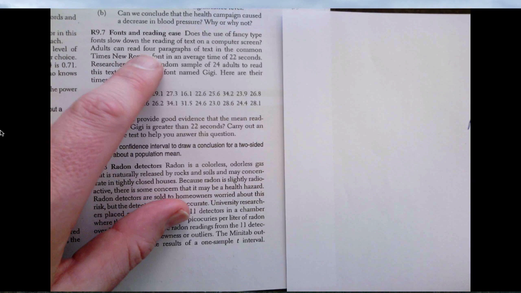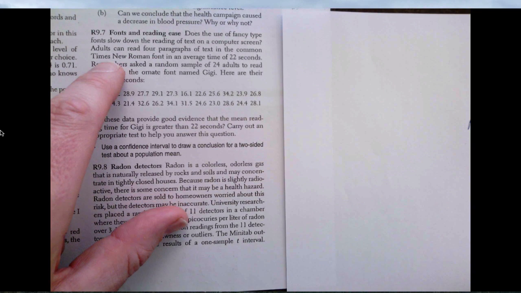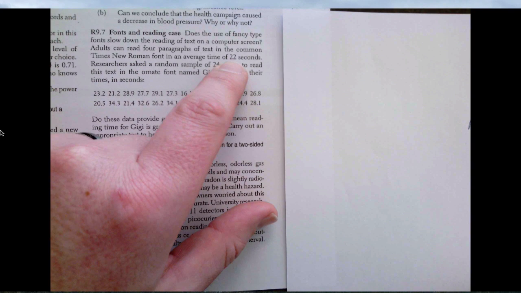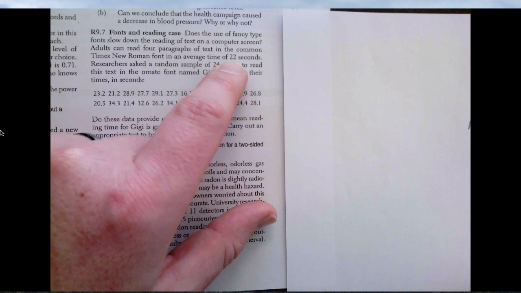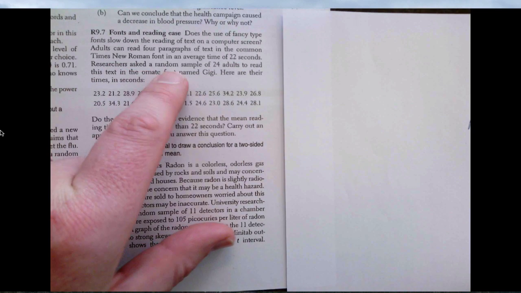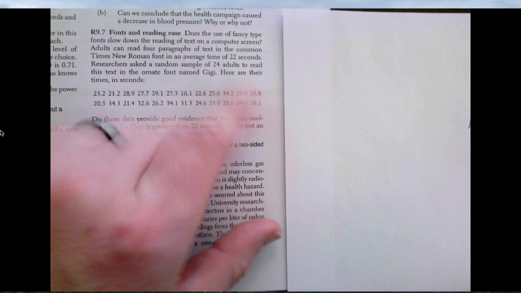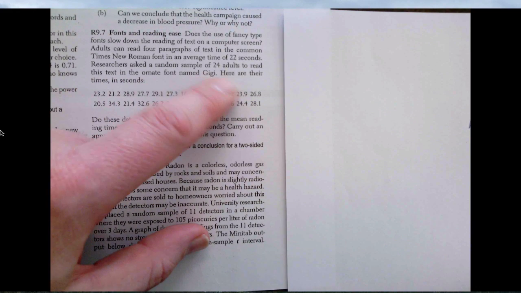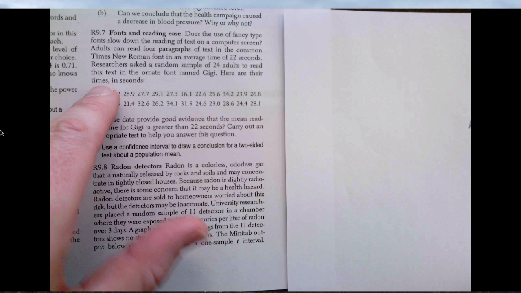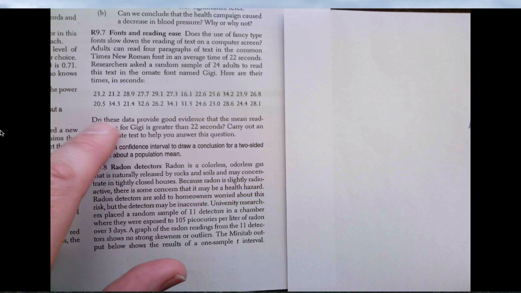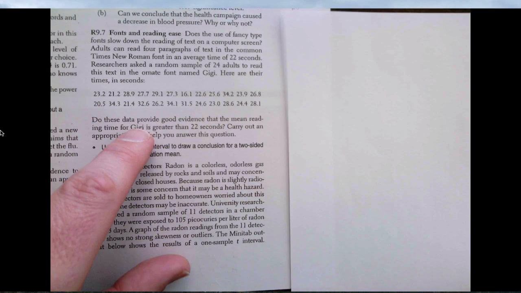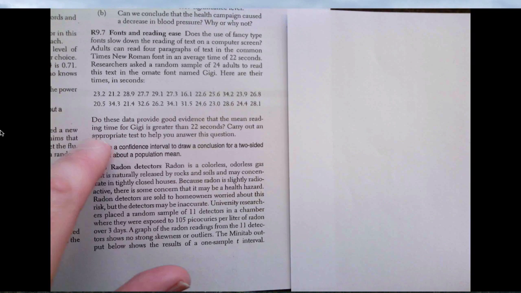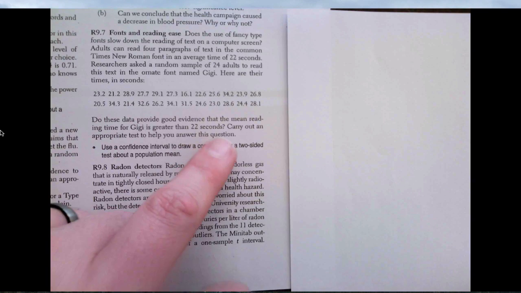Adults can read 4 paragraphs of text in the common Times New Roman font in an average of 22 seconds. 4 paragraphs in 22 seconds, that seems fast. Researchers asked a random sample of 24 adults to read this text in an ornate font named Gigi. Here are their times in seconds to read the same thing. Do these data provide good evidence that the mean reading time for Gigi is greater than 22 seconds? Carry out an appropriate test to help you answer this question.